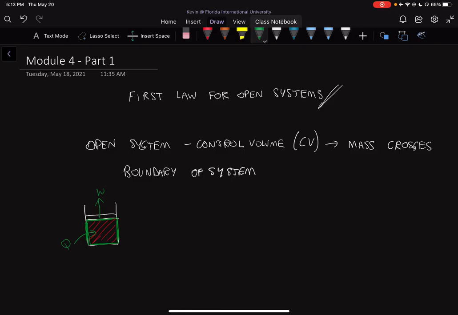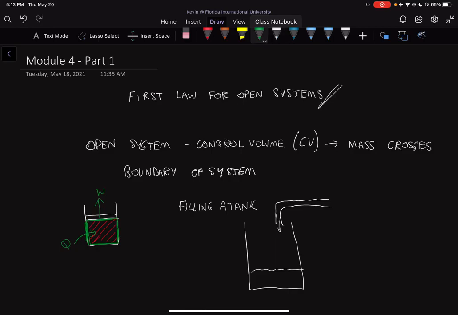And now what we're going to do is study systems where we have mass crossing the boundary. So what do we mean by mass crossing the boundary? An example of this would be filling up a tank. If we fill a tank up, let's say we have a tank of water, we could have a faucet or something like that adding water to the tank.